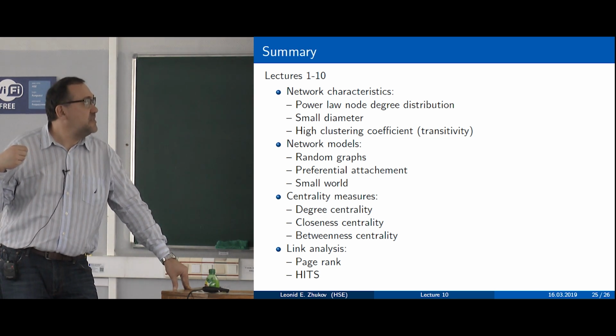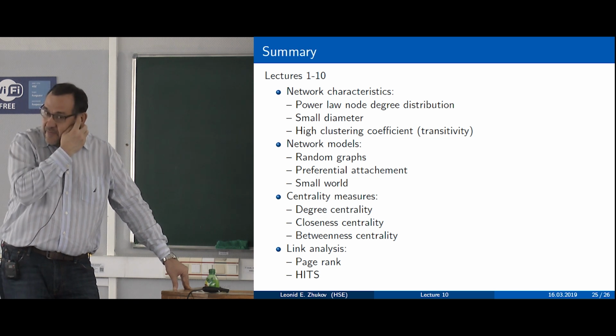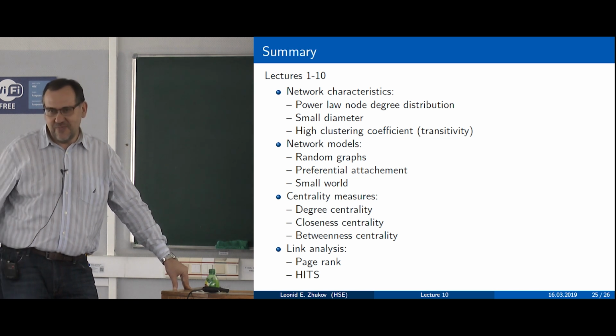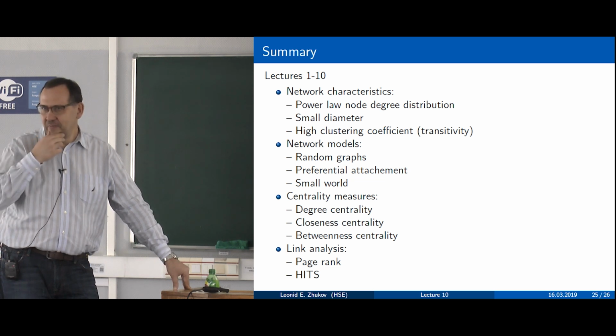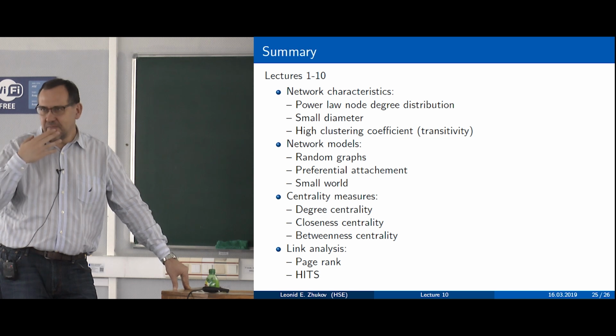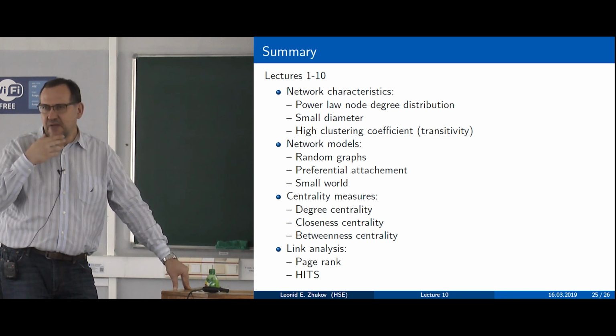Okay, what's preferential attachment? It is a model where there is a high probability of connecting to the nodes with high degree, but what also makes it different from the random graph model?